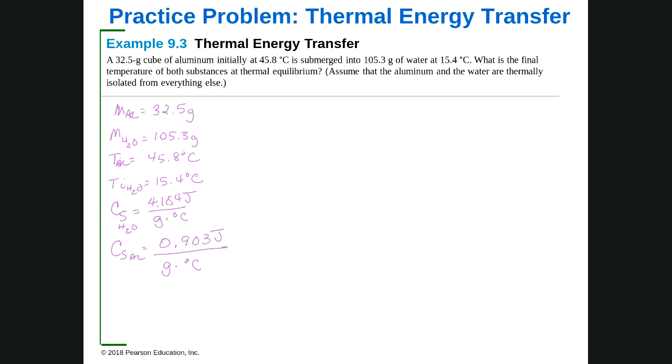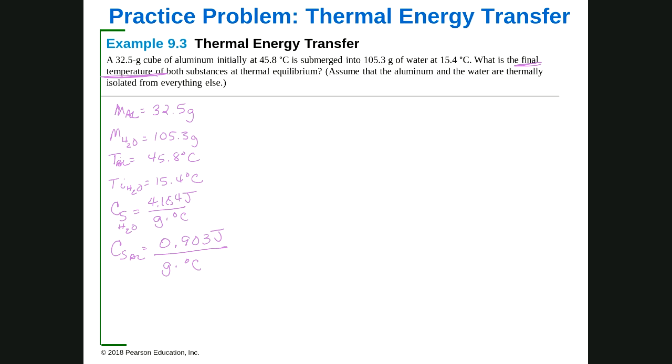This is the hardest one to calculate, because it wants to know what the final temperature is. The change in temperature is T final minus T initial, so when you work these, you won't be able to do the delta T at first.